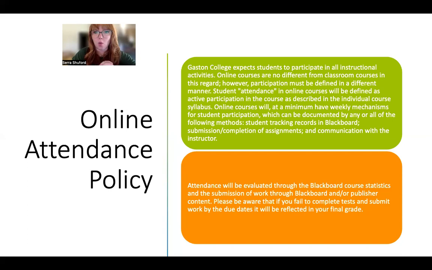Our online attendance policy essentially means that you cannot go inactive for 21 plus days in this class. So if, for example, you missed 3 weeks of classes in a row, that is the most that you can miss without getting unenrolled from the class.